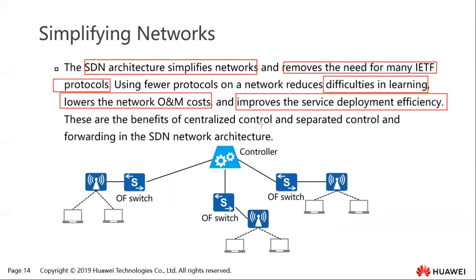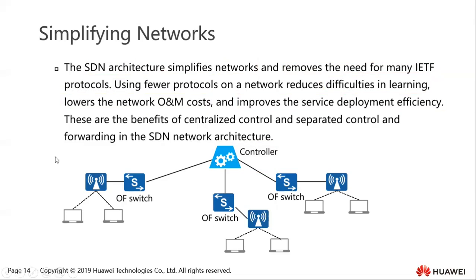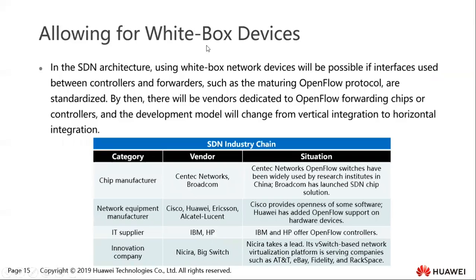These are the benefits of centralized control and separate control and forwarding in the SDN network architecture. By implementing the controller, it becomes easy to maintain your network because you don't have to configure all the devices, and it also improves the time it takes to add a new device on your network.